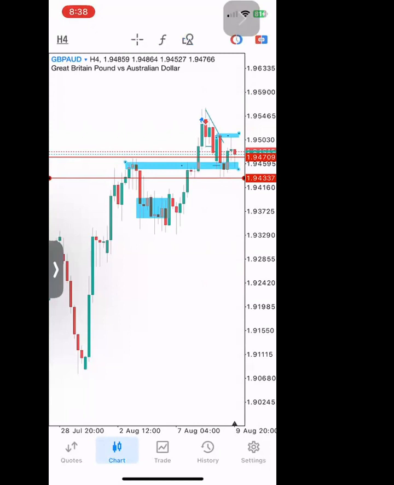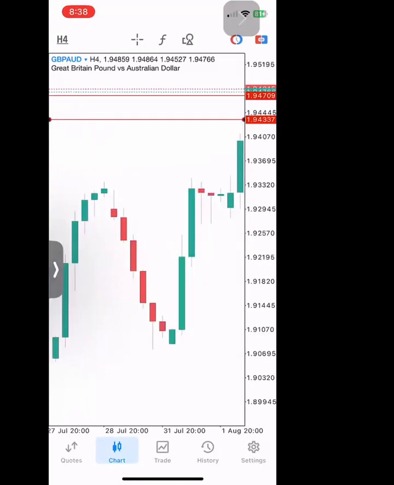What is M15? Now, the green and red bars that you see on the chart: if you open your chart and you check the top left and it is H4, that means every bar you see, be it red or green, is formed within a 4-hour period.